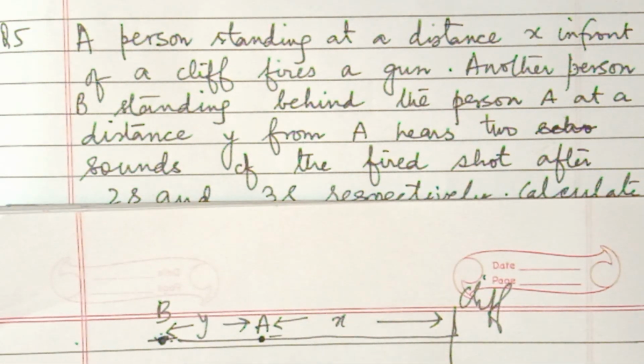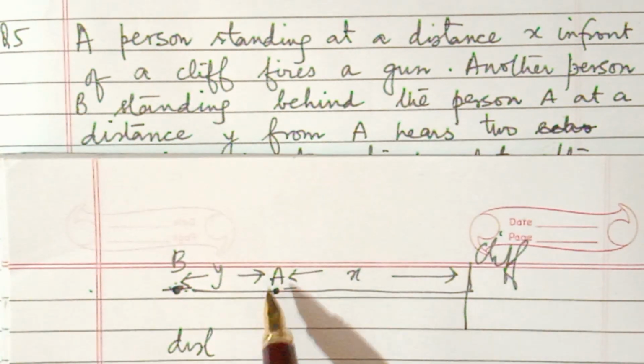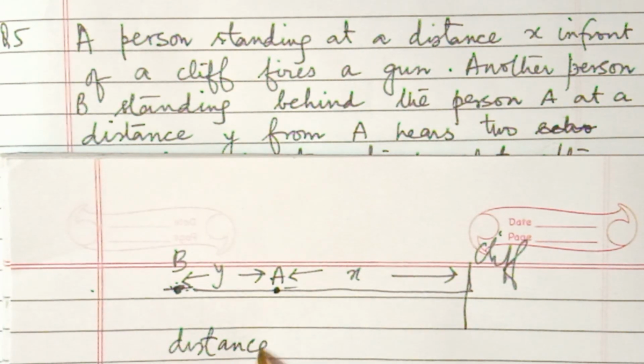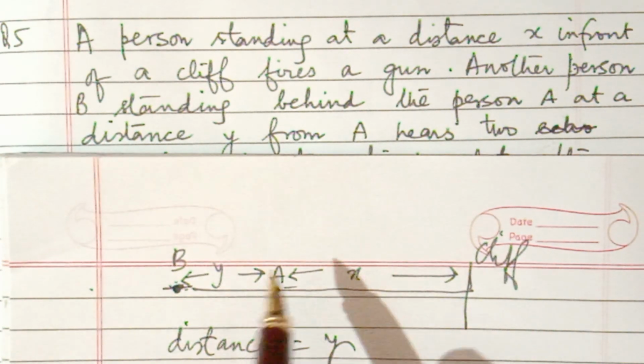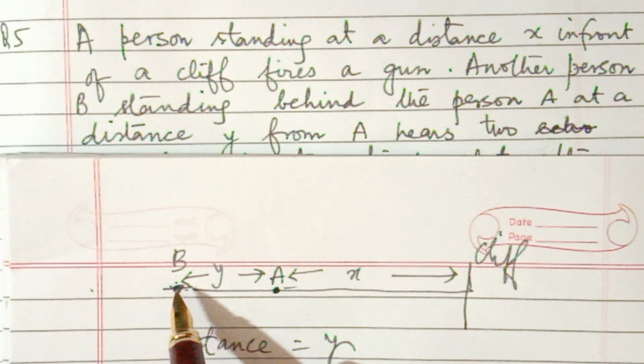Okay, so what is the distance here? Direct sound from A to B. So what is the distance? Y. Now you see the sound is not traveling twice, only direct, y.